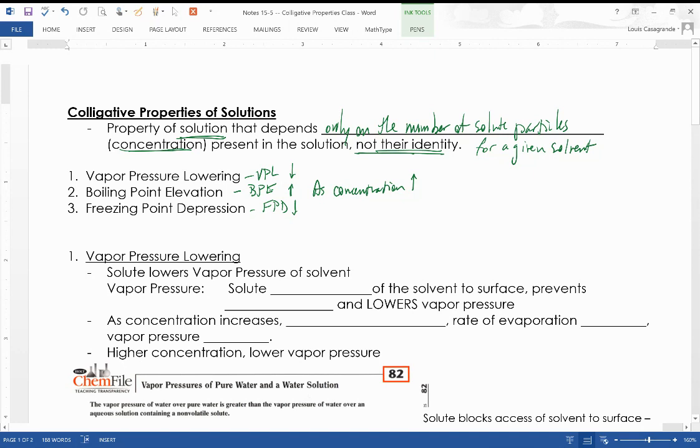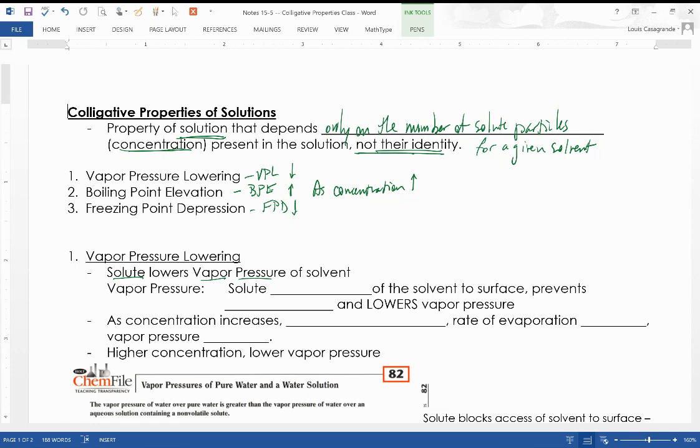So vapor pressure lowering is the first one. This is basically the one that gets the ball rolling when we're talking about these properties. So as you put more solute in, the solute lowers the vapor pressure of the solvent. Now, recall what vapor pressure was. Vapor pressure is when we have the solvent evaporating and condensing at the same rate.